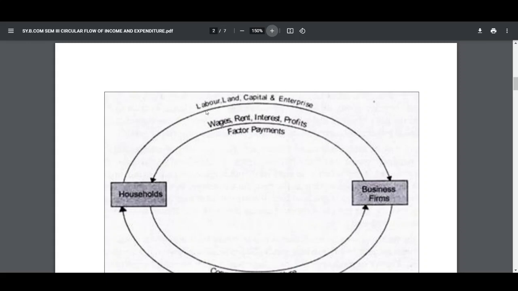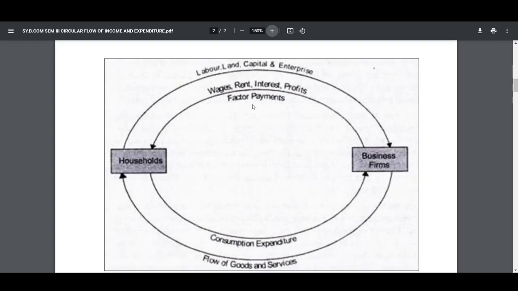That is known as real flow. In this, money is not playing any important role. Only factor services and goods and services.